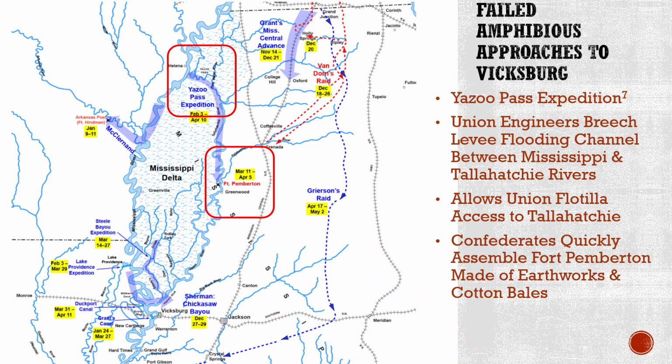And as they went downstream on the Yazoo River, Confederates quickly put together a cotton bale and earthwork fort called Fort Pemberton, named after the Confederate general defending Vicksburg, and that was quite effective and caused the Union to basically retreat. Two times they tried to take this fort.